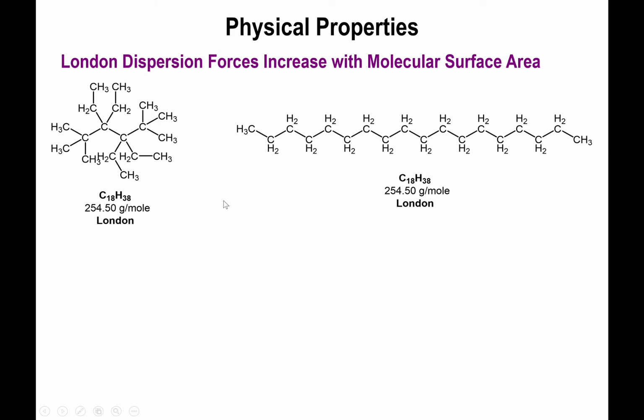But notice the shapes. The shapes are pretty different. And the interesting thing about these two molecules is that they have exactly the same molecular formula, 18 carbons and 38 hydrogens, which means that the molecular weights are exactly the same, but their shapes are vastly different. And the idea right here is that these shape differences give you different types of intermolecular forces, or different amounts, rather.